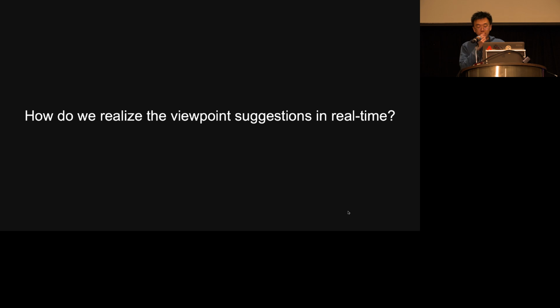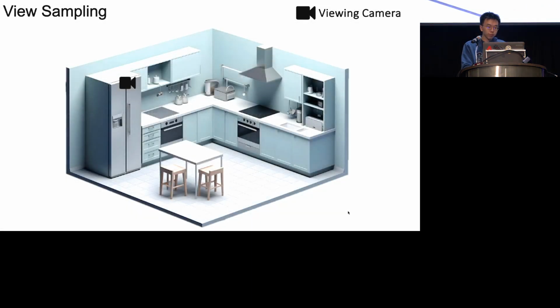So how do we realize this viewpoint suggestion feature? At a high level, MemoVis takes advantage of human preferences present in the training data of the CLIP model. When the 3D model is initially loaded, MemoVis uniformly samples various views by positioning cameras at different locations inside the model. Each view can be parameterized by a tuple.